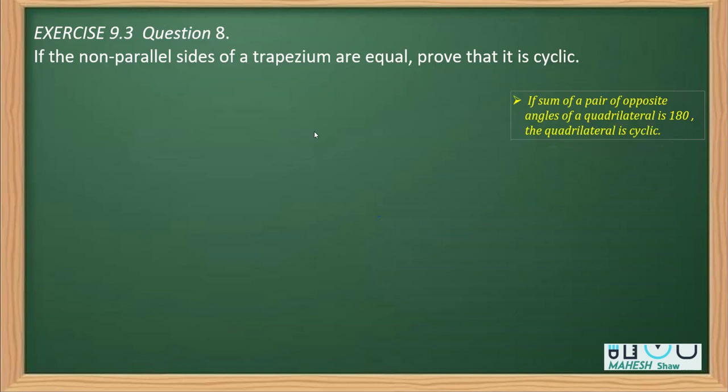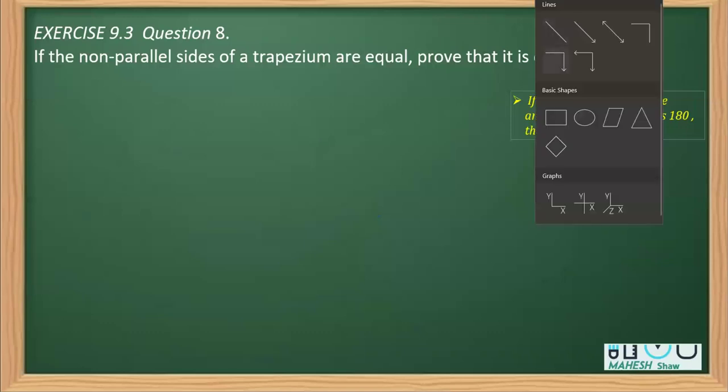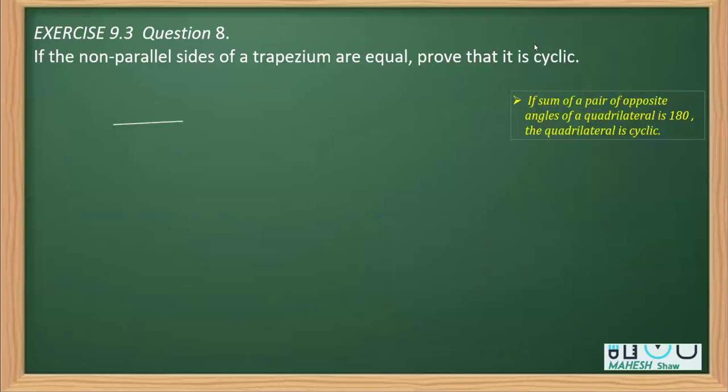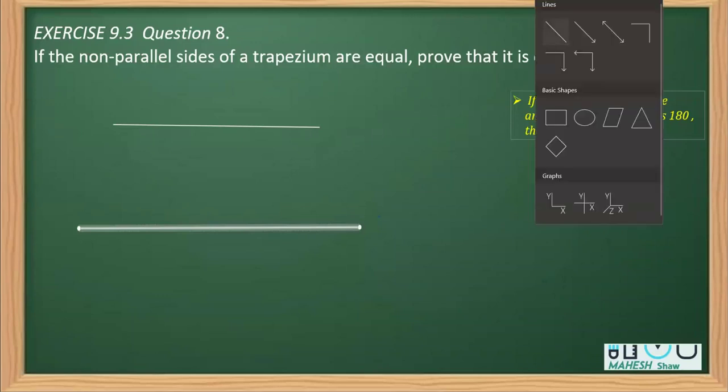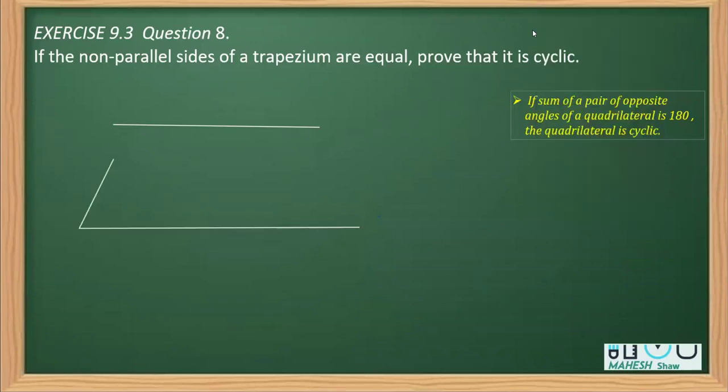So first, it's given a trapezium. So let's make a trapezium. I'm making a trapezium here. Let's say these and these be the parallel sides of the trapezium, and let's say this be the non-parallel sides.